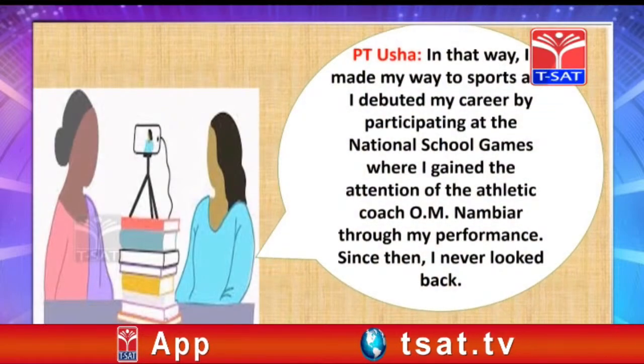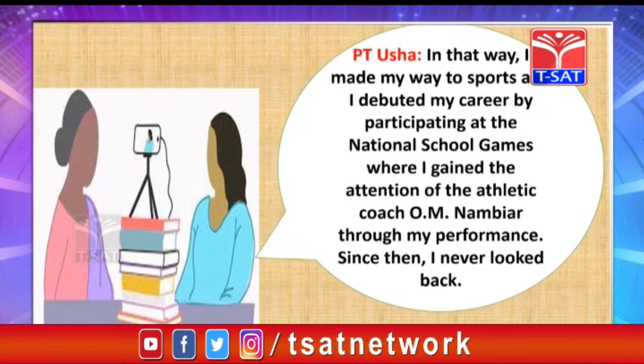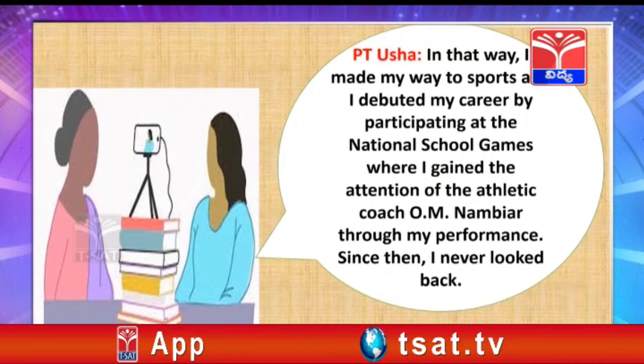In that way, I made my way to sports and I debuted my career by participating at the national school games, where I gained the attention of the athletic coach through my performance. Since then, I never looked back.